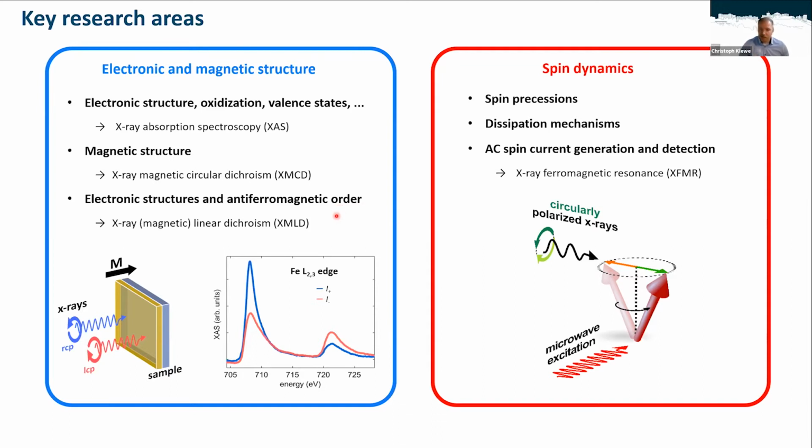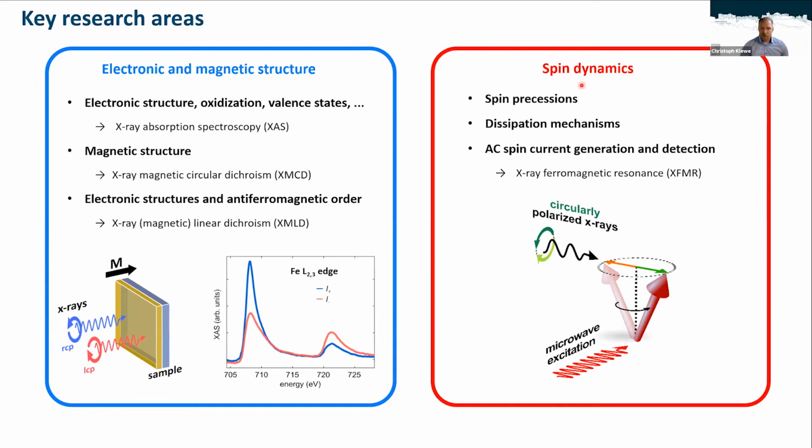And in order to investigate also spin dynamics and spin current propagation in materials, we can use X-ray detected ferromagnetic resonance.